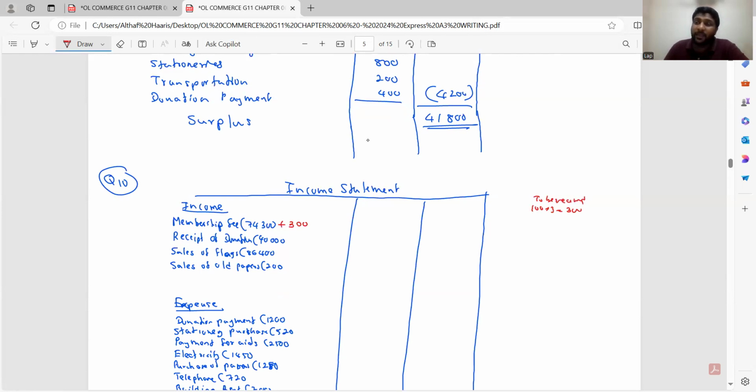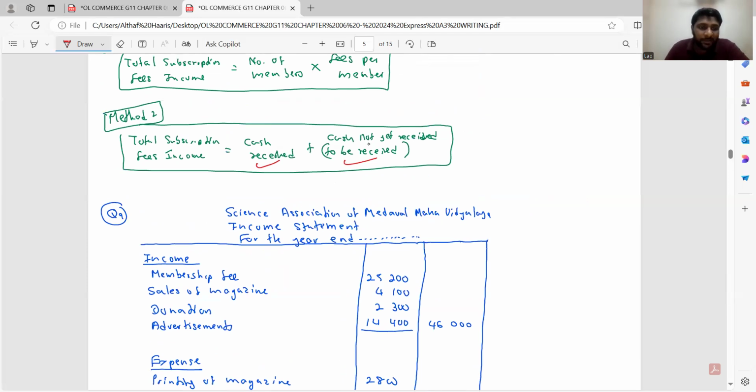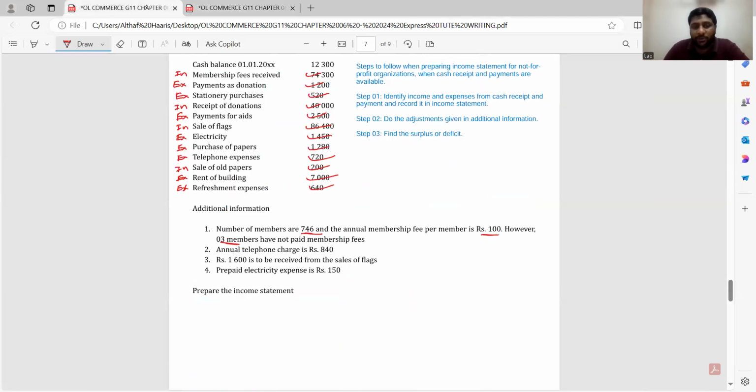So this is one way. Cash received amount plus to be received amount is the total income. Or else, number of members into the fees per member. That method also you can use. 746 members are there, each member 100.